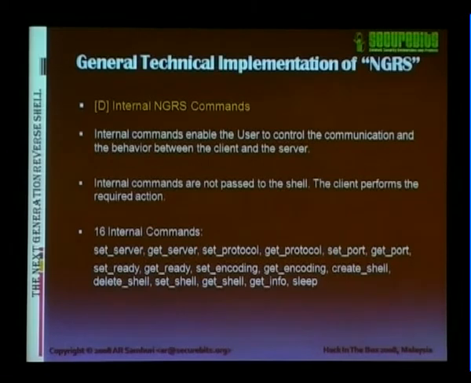They are checked by the parent process, and every command has its own behavior. So the client performs a specific action when it receives one of these commands. Currently, there are 16 internal commands. I'm going to go through them quickly.